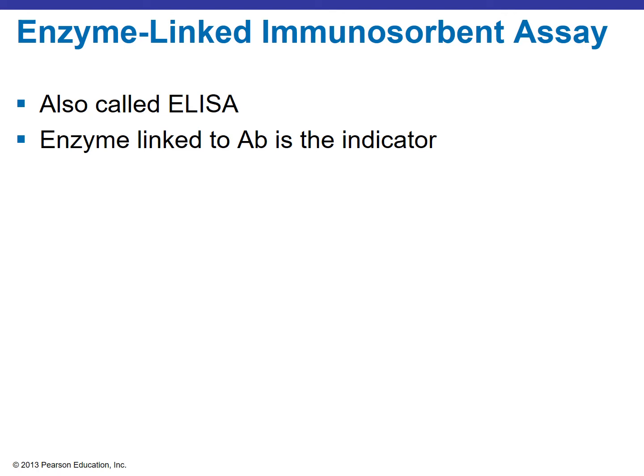You can also do the ELISA as a direct ELISA or an indirect ELISA. With the direct ELISA, you're detecting antigen, right? That's what you do with a direct test. With the indirect ELISA, you are detecting antibody.